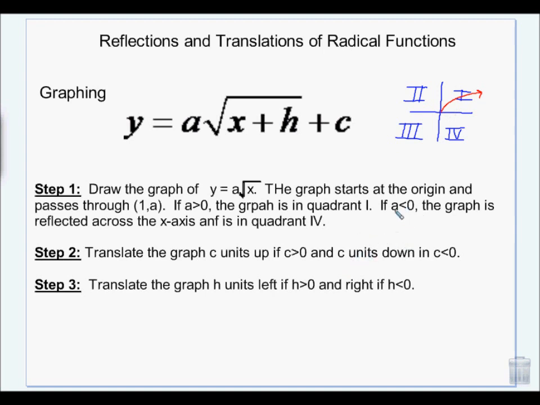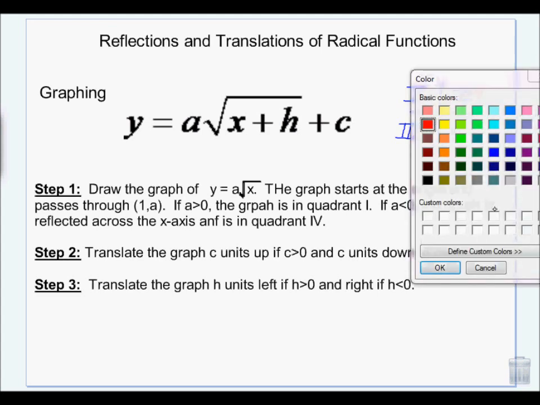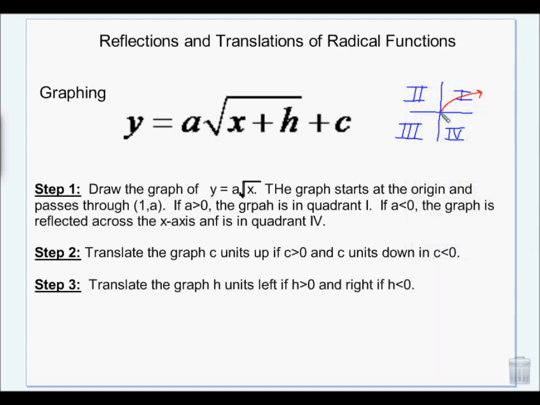If a is less than 0, okay, so a is negative, that causes this whole thing to be negative, and it's going to flip our graph over, and we'd graph like this. It would be a reflection across the x-axis. So this is negative a, and this is a.